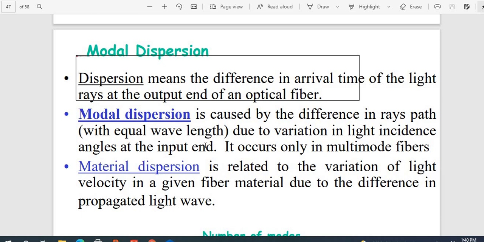Suppose in the previous example we have seen the fiber is made up of silica, right? If the velocity in that silica is varying, if you want to find out how, then it is considered to be material dispersion. So first modal dispersion and then material dispersion.